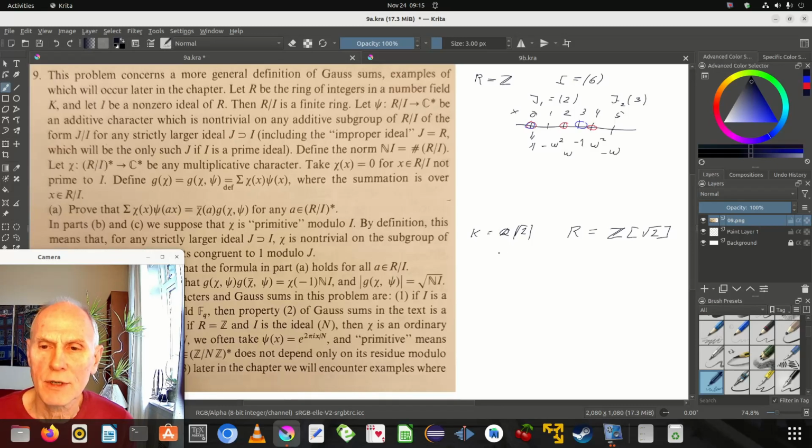Now this becomes quite complicated. I'm not sure I want to do that example, but I better do it. If we just take the ideal generated by 2, which of course is square root of 2 squared.